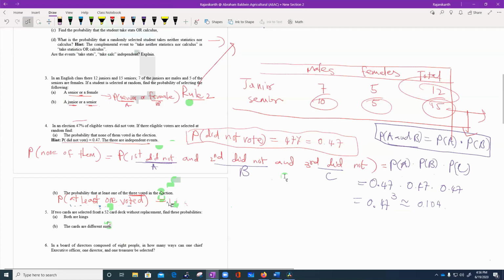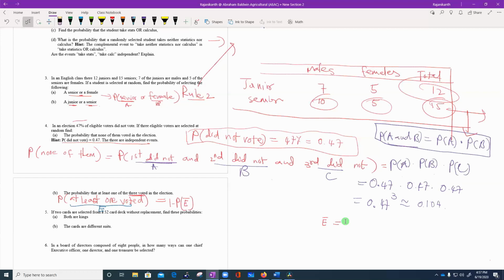Now think and tell me what is E bar here. You have to explain first in words. If your event E is at least one of them voted, then what is the event E bar? At least one voted means one, maybe two, maybe all.